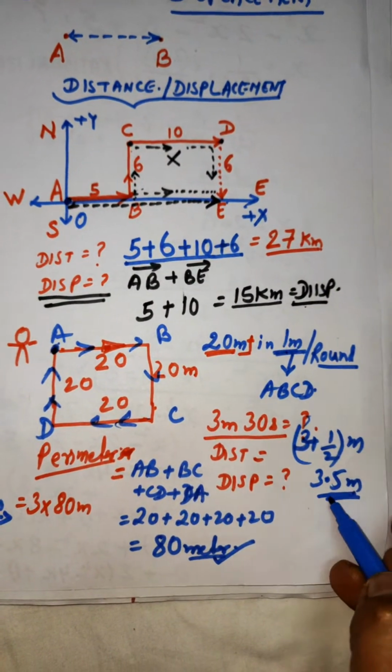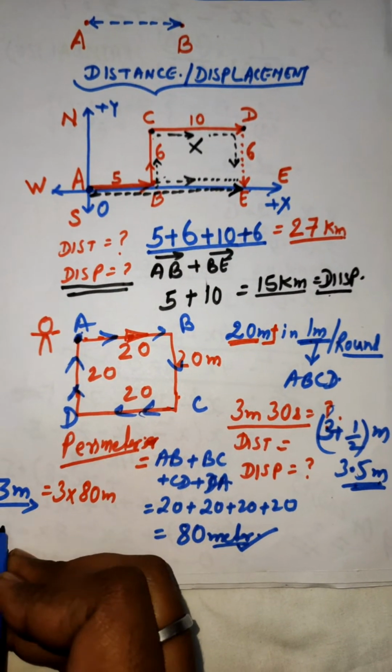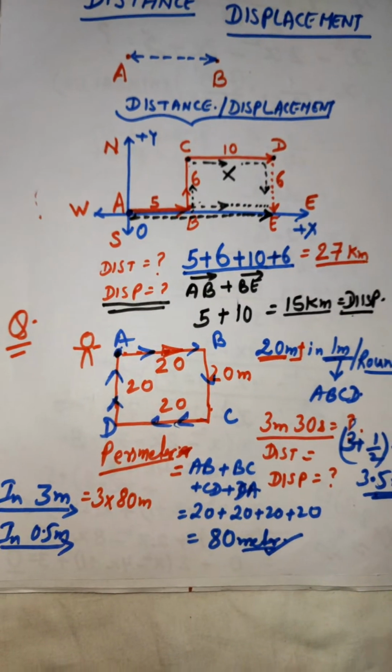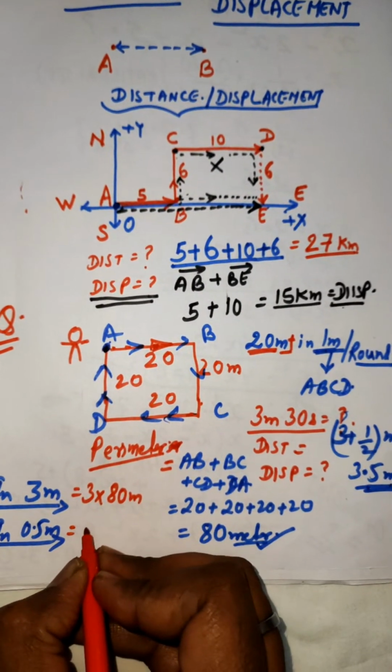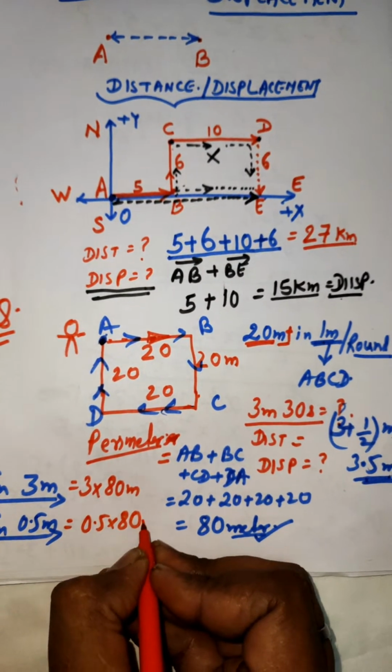And we have another half minute. So in half minute, that is 0.5 minutes, what will he cover? He will cover 0.5 into 80.